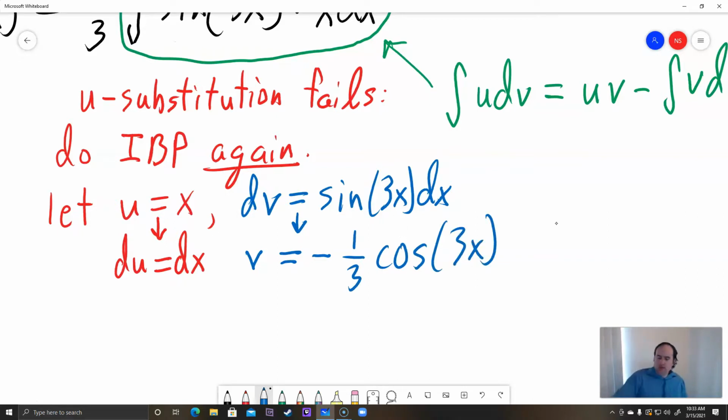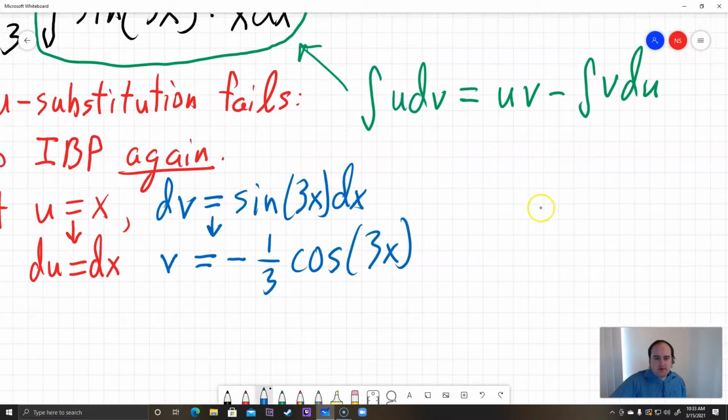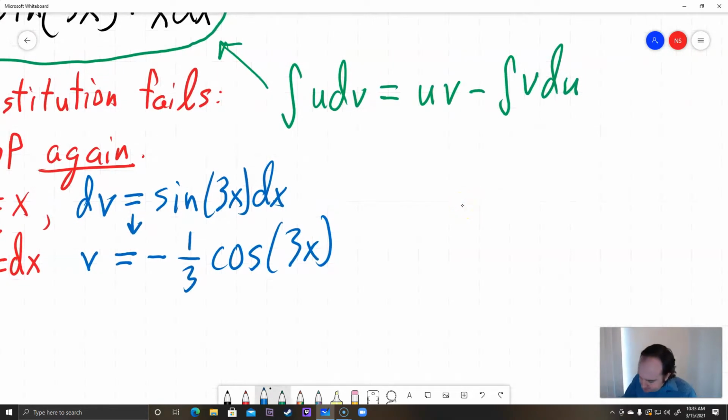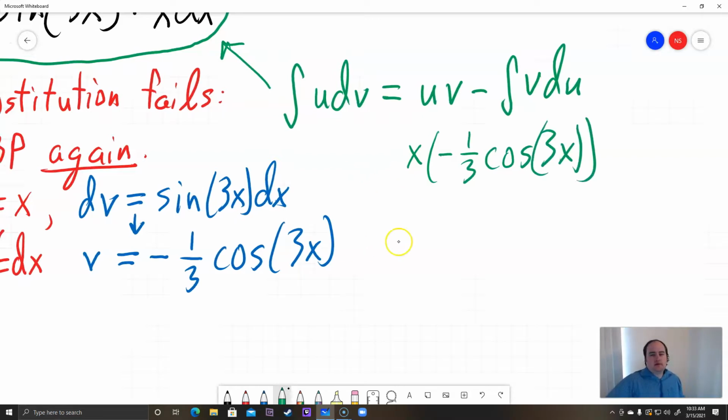Okay, so our uv is going to be x times negative 1/3 cosine of 3x. Okay, so there's our uv.